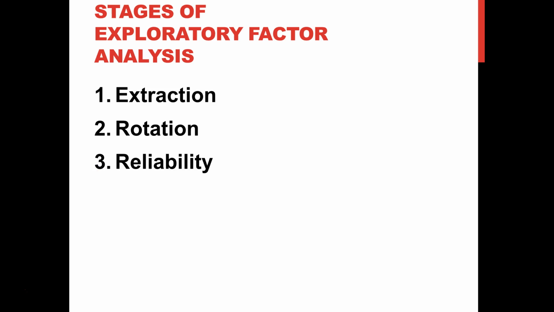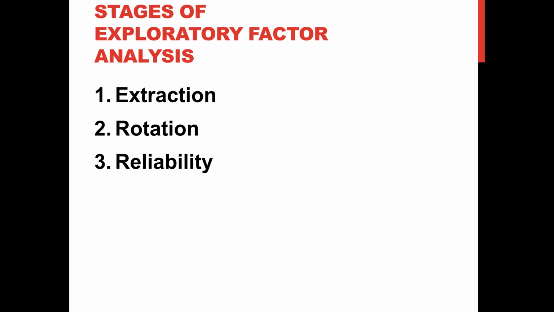Now we have the stages of our exploratory factor analysis: extraction, rotation, and reliability. The primary objective of the first stage is to make an initial decision about the number of factors underlying a set of measured variables.